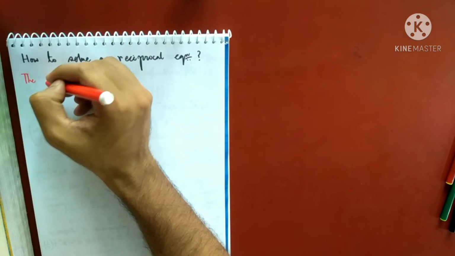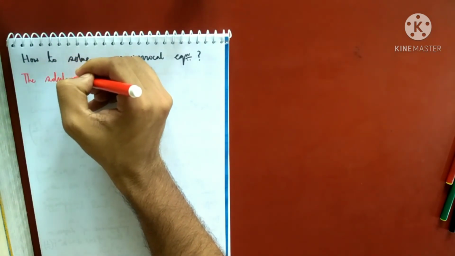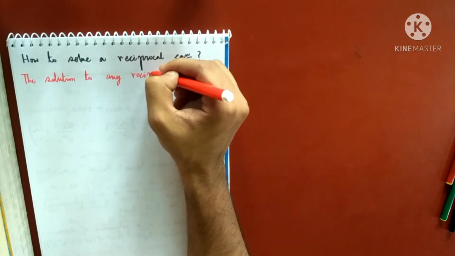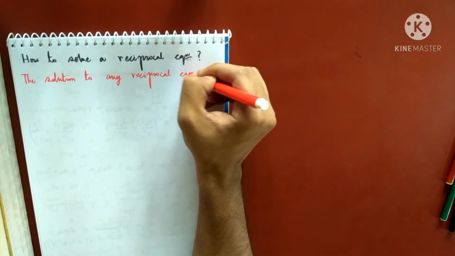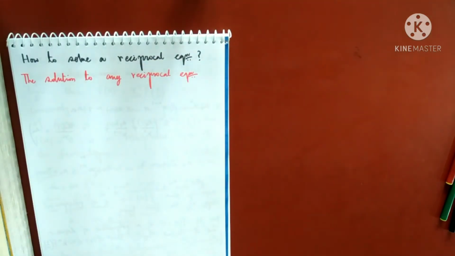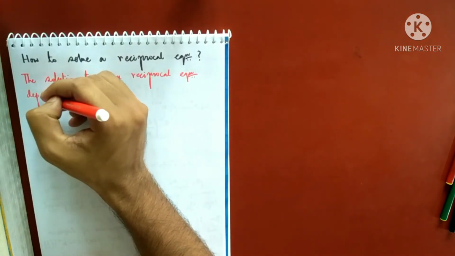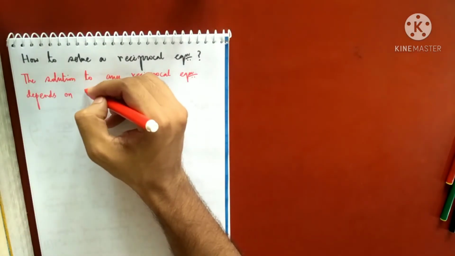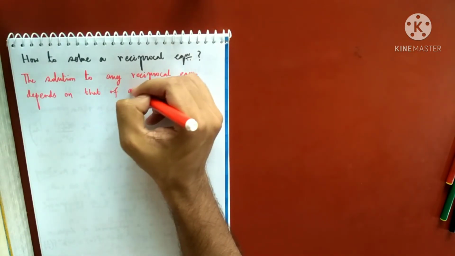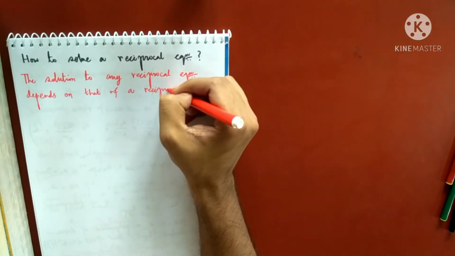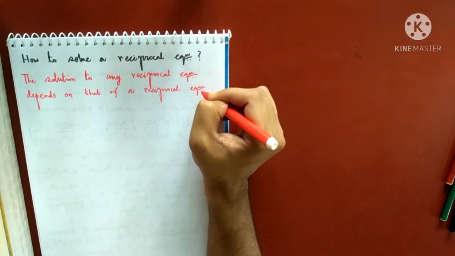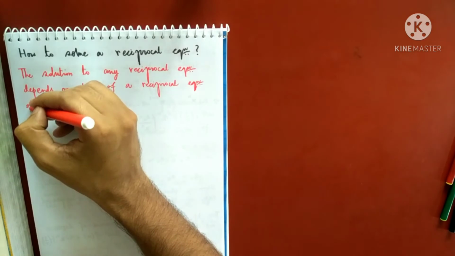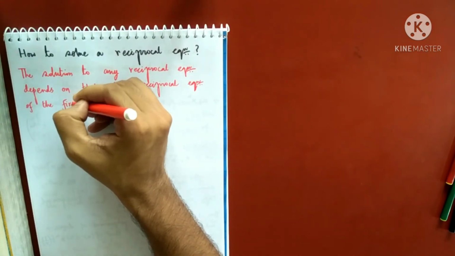The solution to any reciprocal equation depends on that of a reciprocal equation of the first type and even degree.